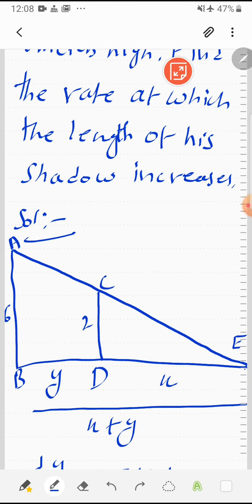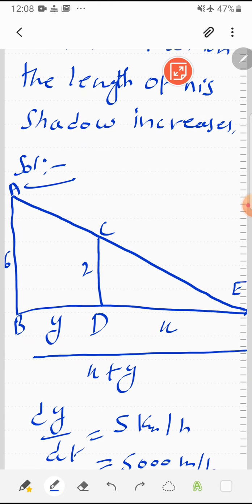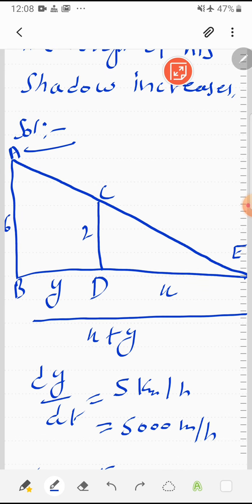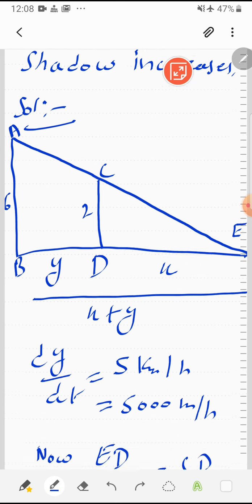And suppose BE is x plus y clearly. Now we are given dy by dt. This is very important, because as the man walks away from the lamp post, the rate at which the man walks is the same as the rate of change of y. So dy by dt is 5 km per hour or 5000 meter per hour.